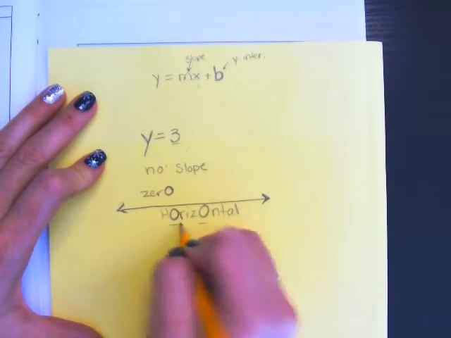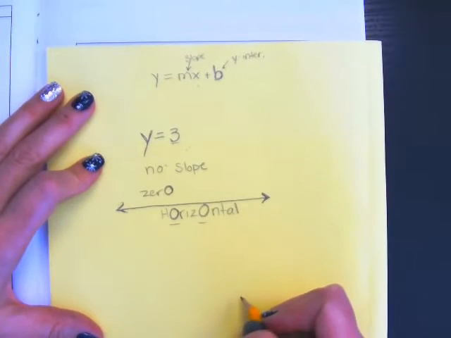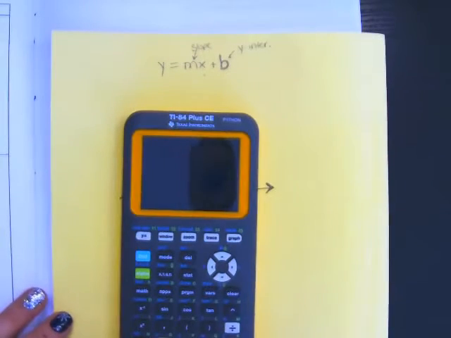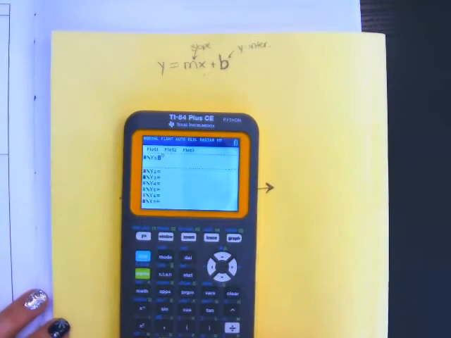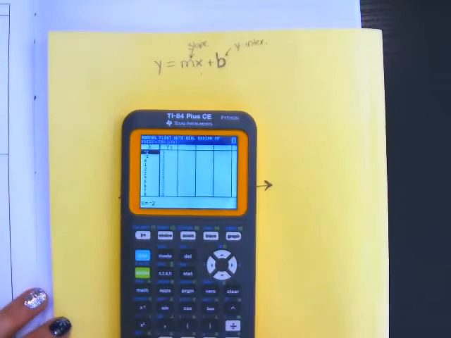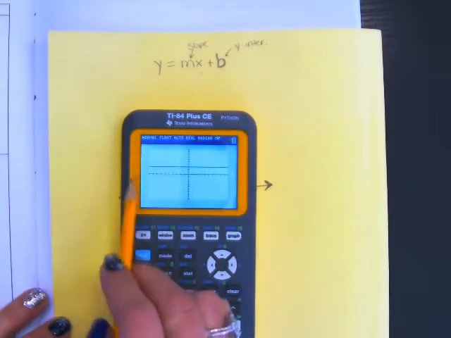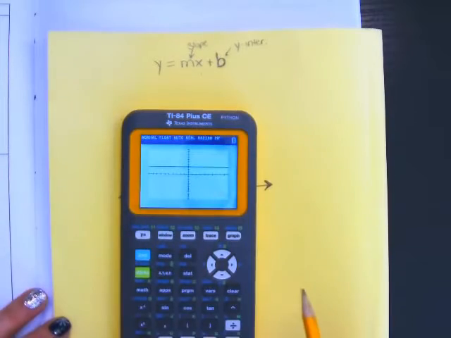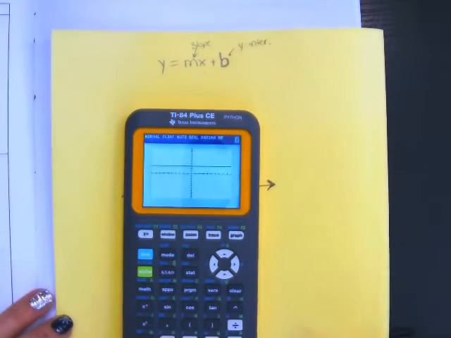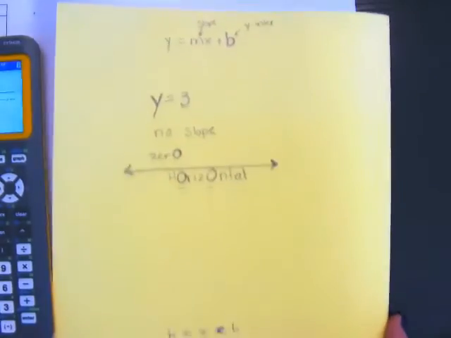I'm just pointing out that there's 2 O's in there, which kind of look like zeros. Now I can go to y equals and put y equals 3 in the calculator, and I can go to my graph and see that the line is horizontal right across the y value of 3. So that's your one special case.